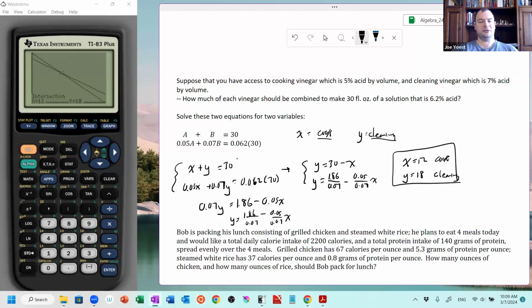So I want to use 12 fluid ounces of cooking vinegar, 18 fluid ounces of cleaning vinegar. And leaning on the calculator for these messy calculations was, I think, a heck of a lot nicer than when we worked through this by hand.